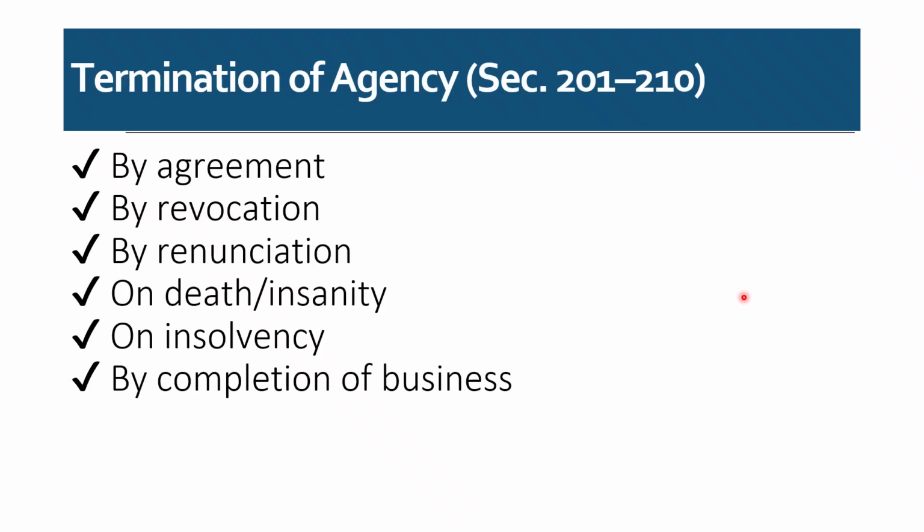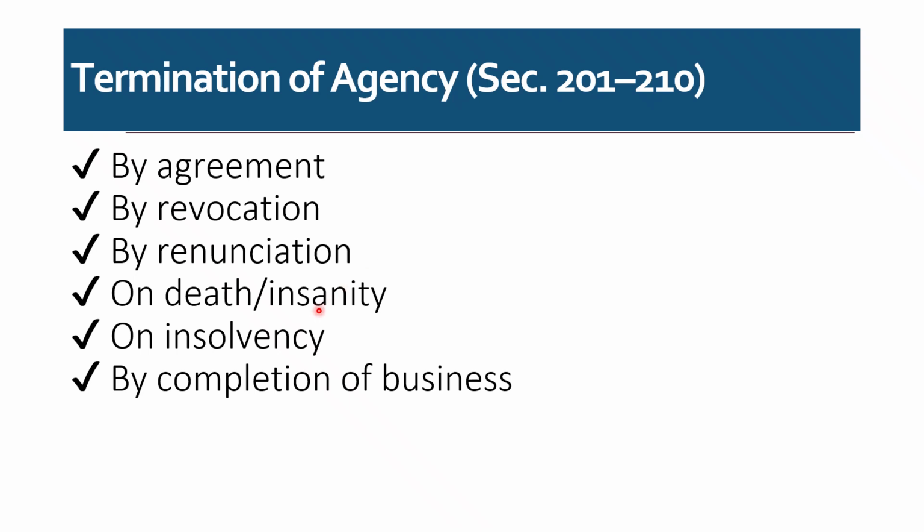Now, agencies may come to an end in several ways. According to sections 201 to 210, termination can occur first by agreement, where both principal and agent mutually decide to end the relationship. Then by revocation, where the principal withdraws the authority of the agent. By renunciation, the agent decides to resign.